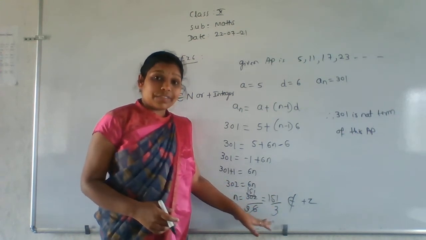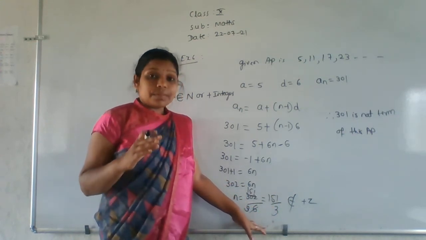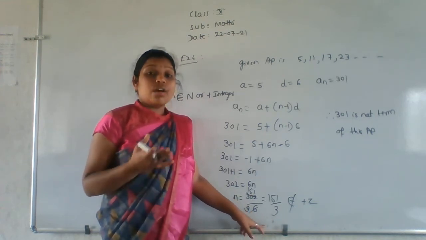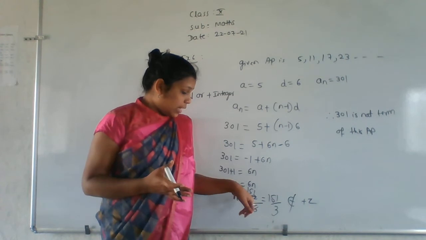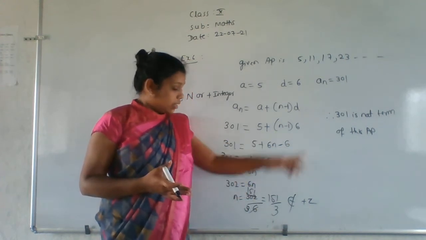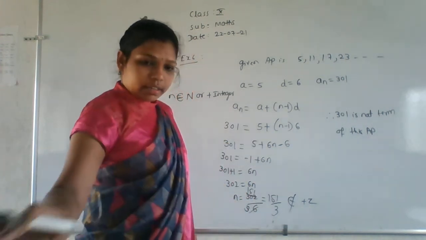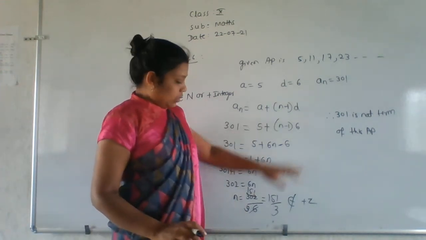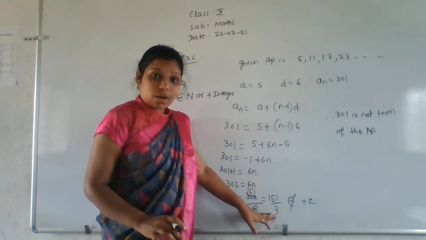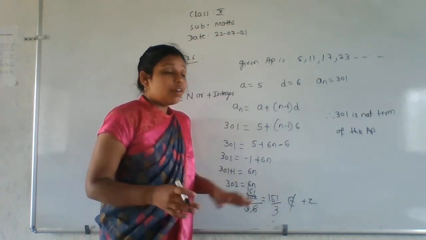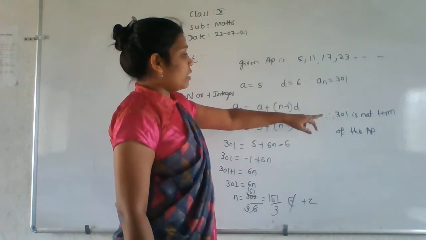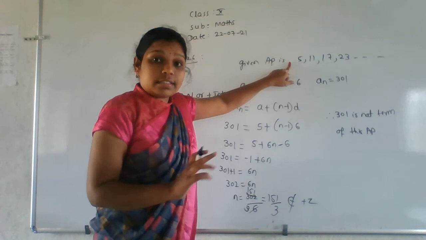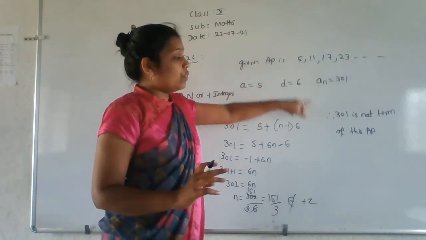And here 151 divided by 3 is not an integer, not a positive integer, and also not a natural number. For that reason here n is not a natural number and also n is not a positive integer. For that reason 301 is not a term of this AP.